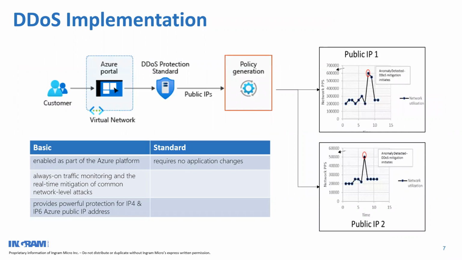So within Azure, specifically for DDoS, there are 2 plans. There is a basic and a standard plan. Now, the basic plan of DDoS protection is enabled for every customer using Azure, right? So this basically makes sure your traffic is monitored.